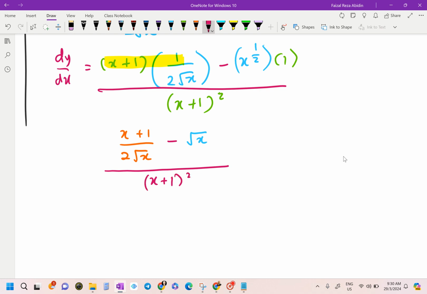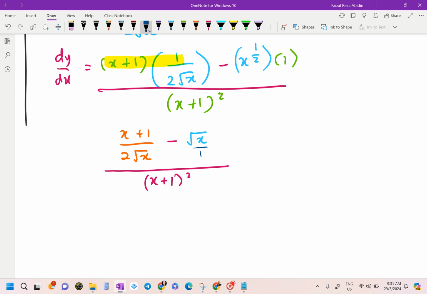So if I want to simplify our numerator over here, this one is over 1, right? So if I want to have 2 square root of x as the denominator, I have to multiply by 2 square root of x over 2 square root of x. So square root of x times square root of x, I'm going to get 2x straight away.